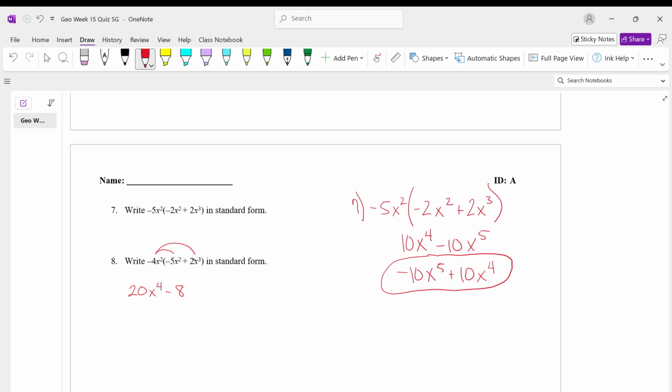And x squared times x to the third is x to the 5th. And then again, we have to put the powers in descending order, so we get negative 8x to the 5th plus 20x to the fourth. And there is the polynomial in standard form.